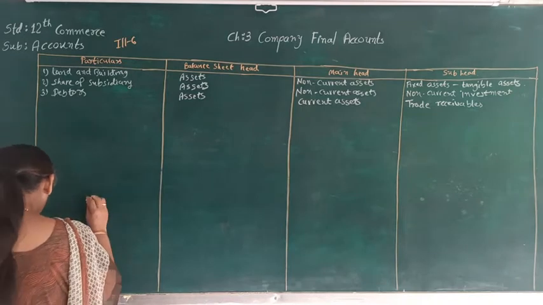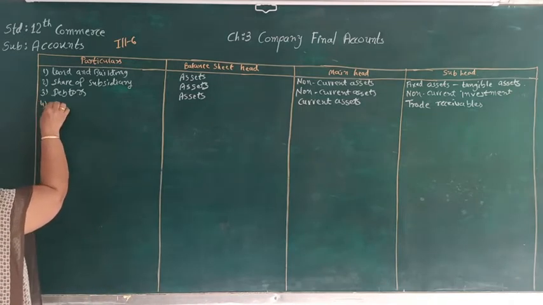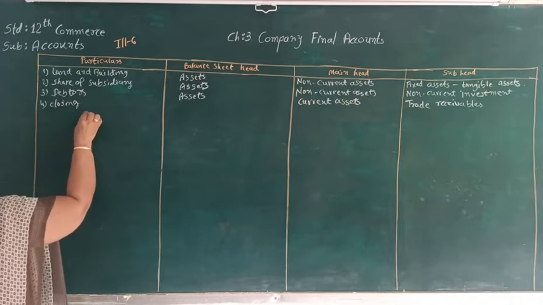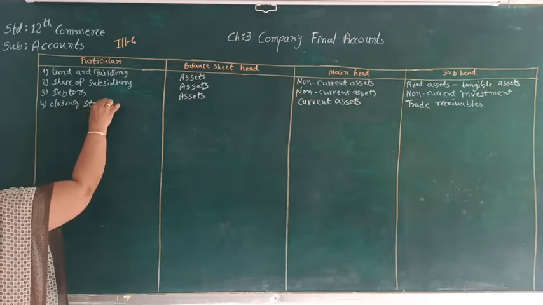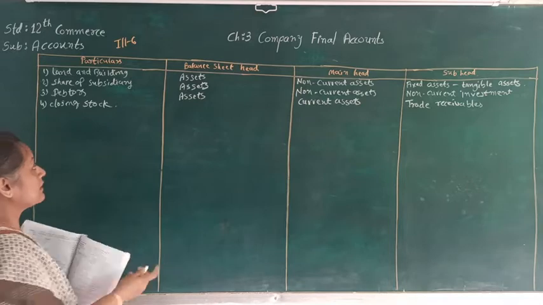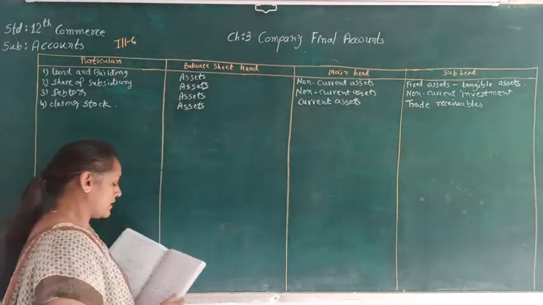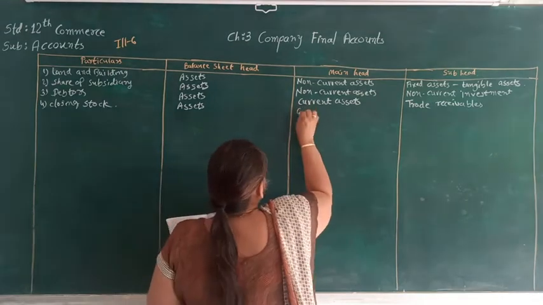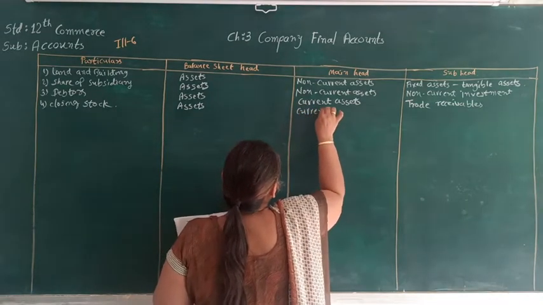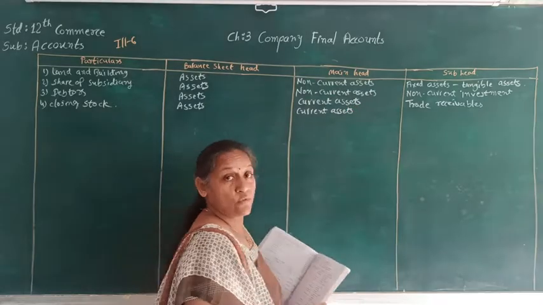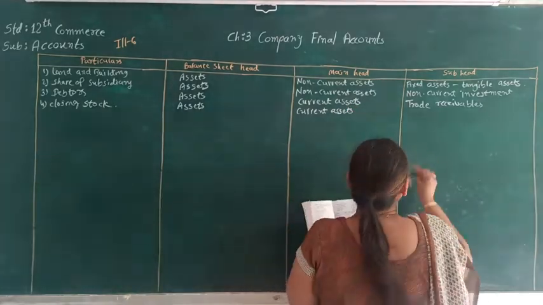Again, the fourth balance is closing stock. So here, closing stock, we know, is a current asset. So we will write it under the head current asset, and it is the inventory. So we will write it under the inventory.